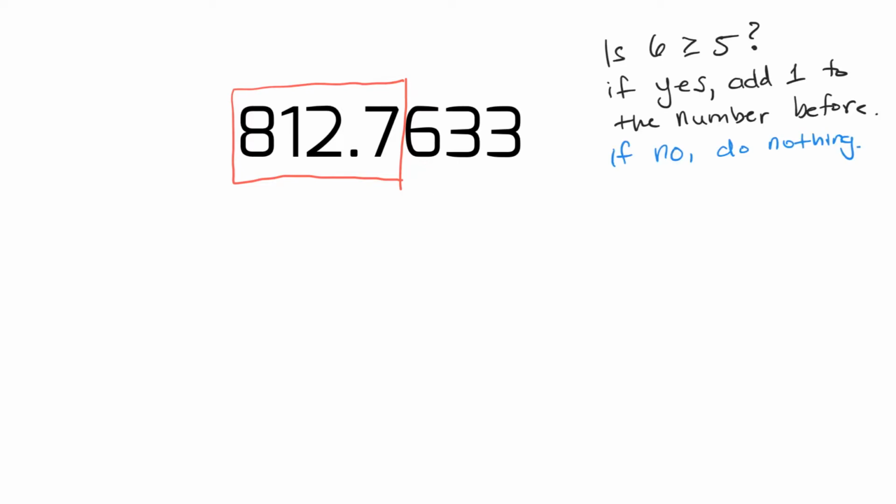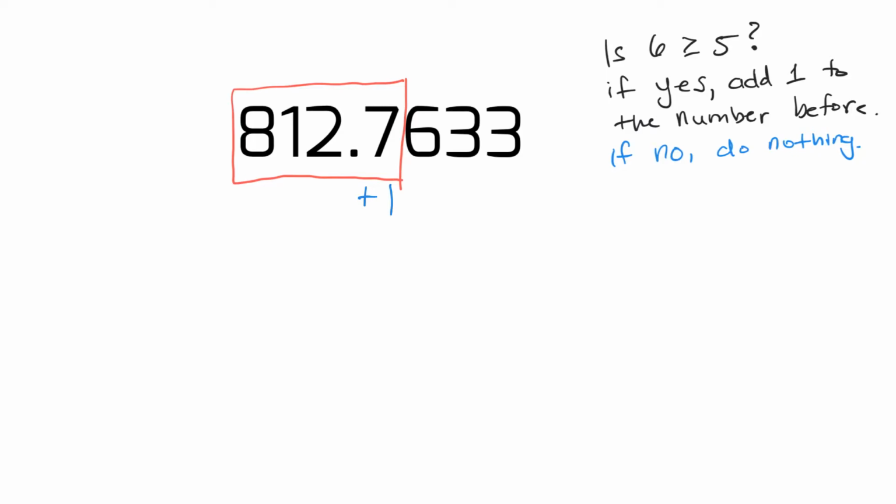Then I need to ask myself, is 6 bigger than or equal to 5? If it is, then add 1 to the number before. So, is 6 bigger than or equal to 5? Well, yes, it is. It's bigger than 5, so I'm going to add 1 to the number that comes before. So this is what happens.